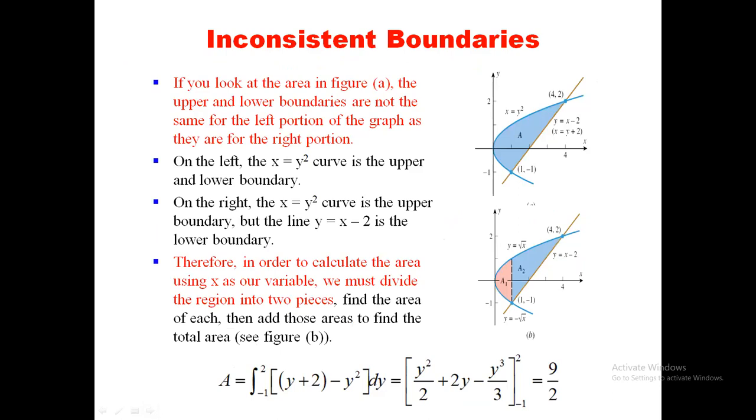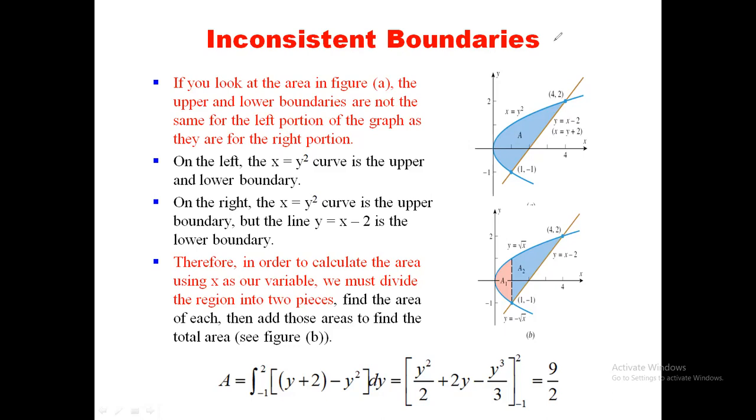Okay, so we'll have the case of inconsistent boundaries. What is this? Let me read this one. If you look at the area in figure A, this is figure A, class, the upper and lower boundaries are not the same for the left portion of the graph as they are on the right portion.